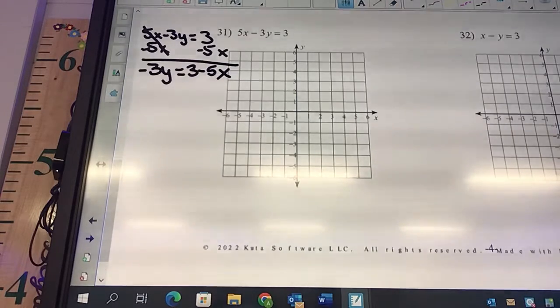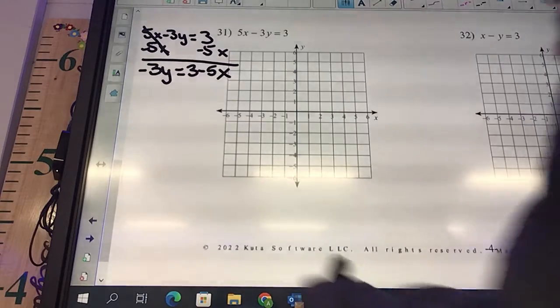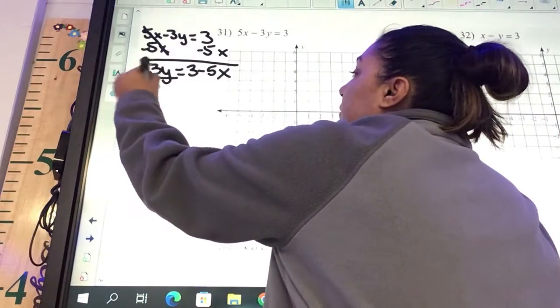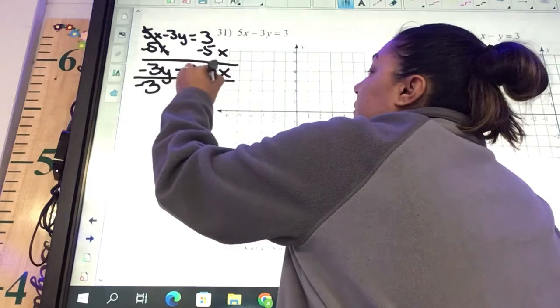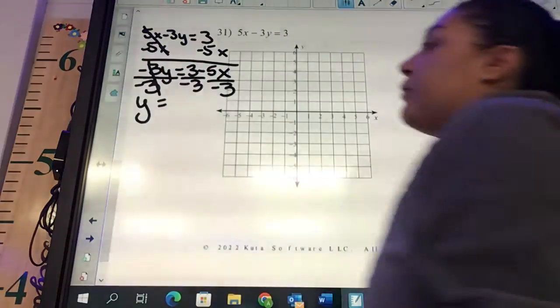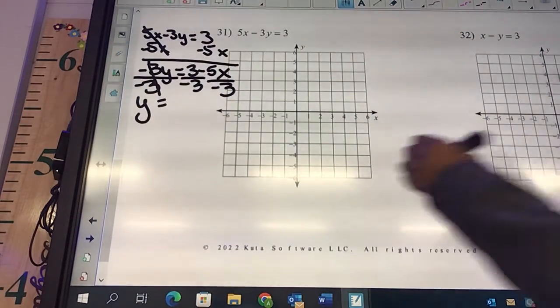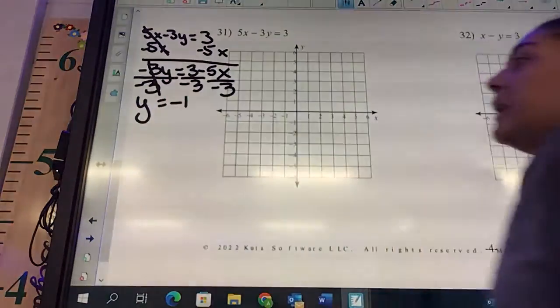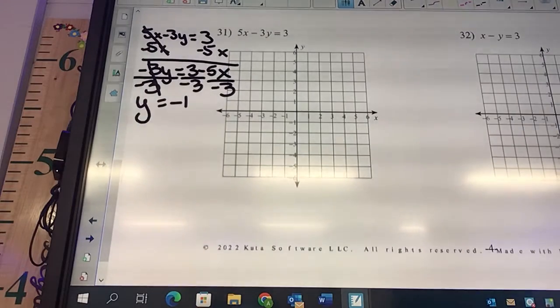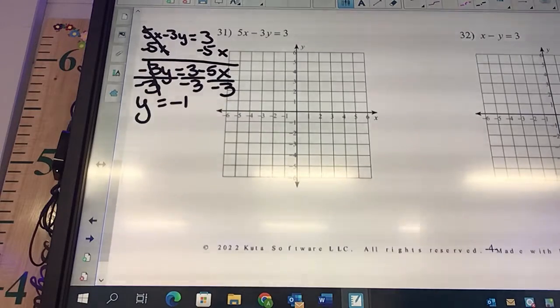Then what? Divide both sides by negative 3. So I got y equals, what is 3 divided by negative 3? Negative 1. Negative 5 divided by negative 3. Positive.